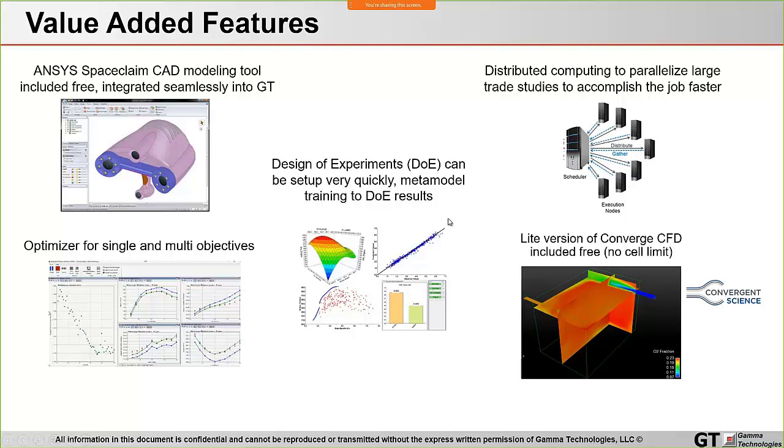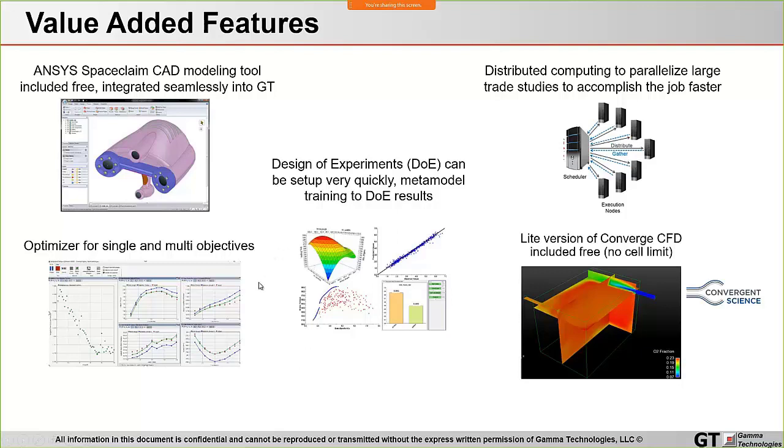There's also a built-in design of experiments that allows you to set up many cases very quickly, and the ability to post-process those many design points to do meta-model training and so forth. And we also have a built-in optimizer that allows users to do single and multi-objective optimization.